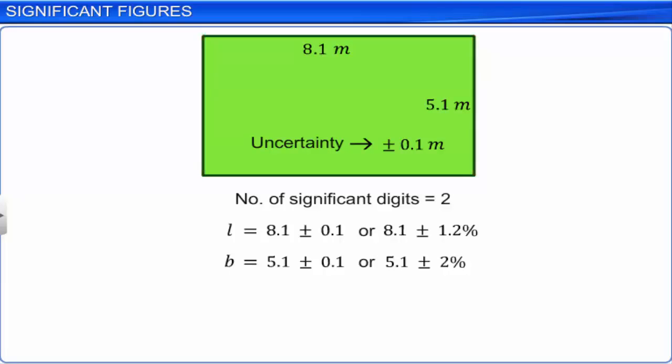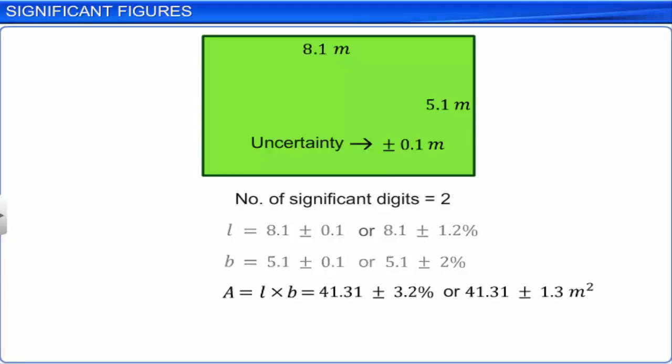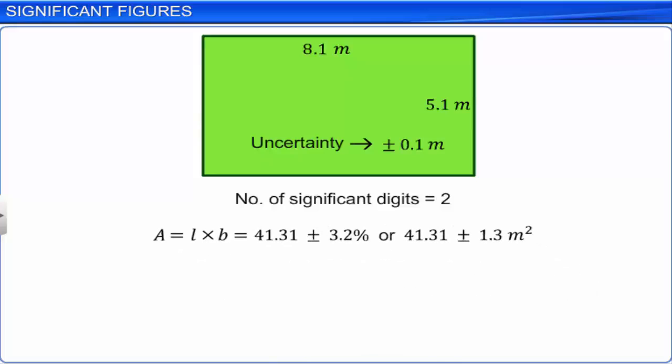Hence, using the combination of errors rule, the area of the field calculated as the product of these two quantities would be 41.31 plus or minus 3.2% or 41.31 plus or minus 1.3 square meters. We can report this as 41 plus or minus 1 square meter. Here, 1 square meter is the error in the result.